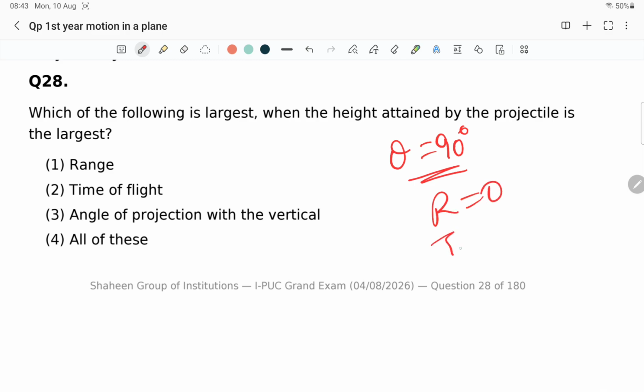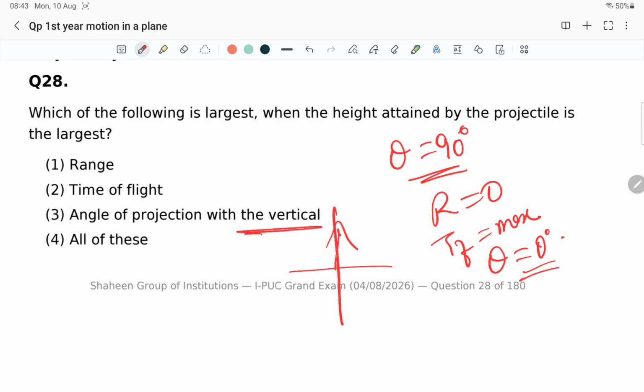Time of flight becomes maximum because it is going up, above and coming down. Angle of projection with vertical, theta will be 0. Vertical means it is thrown like this, so angle with y axis will be 0. So hence only time of flight is largest, so time of flight is the answer.